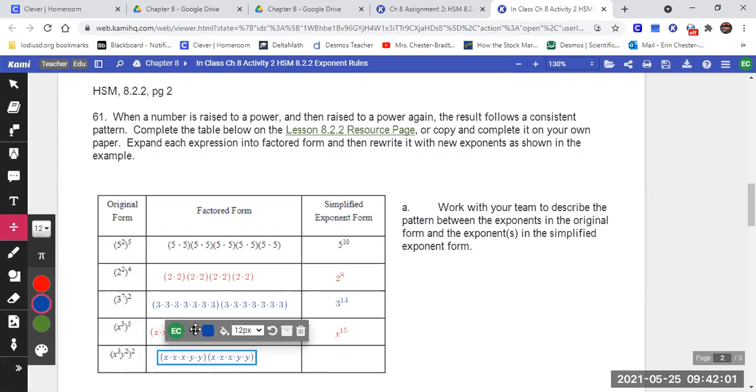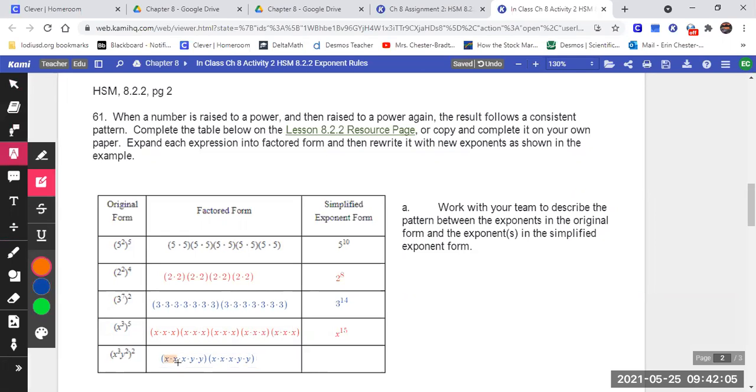Okay, so I have to pull the like things together. So we're going to color code this one. I see X's in both, and I see Y's in both. So I need to pull those together. So what's my simpler version going to look like?